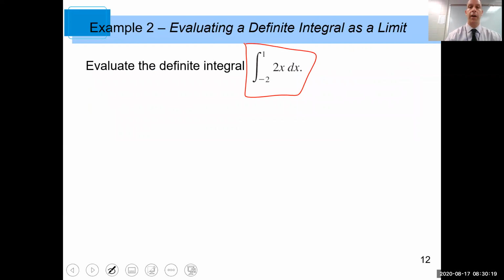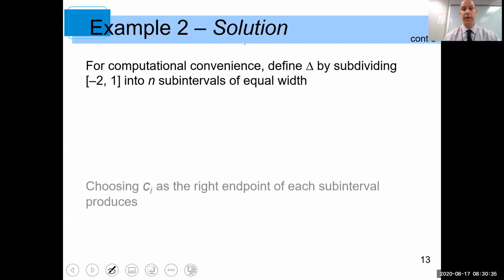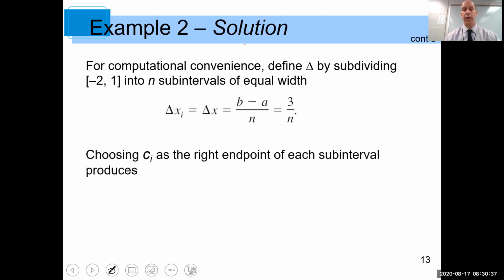So let's look at an example of a definite integral. I'm trying to find the definite integral from -2 to 1 of 2x dx. For computational convenience, we're going to subdivide the interval -2 to 1 into n subintervals of equal length. So our delta x sub i, which is the same thing as delta x, using our formula, is b minus a over n.